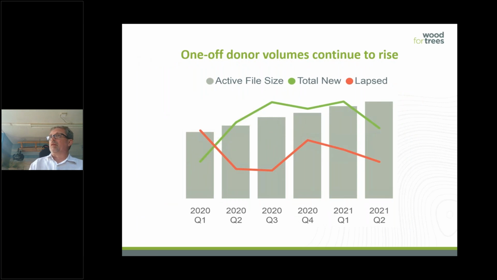And looking down into a product level, we can really see again the success of one-off giving, and how people have really continued to engage with charities and give to charities, and that's been one of the key routes available to them. And so they have done so, continued to get more and more new supporters in, and file sizes really growing across the board.